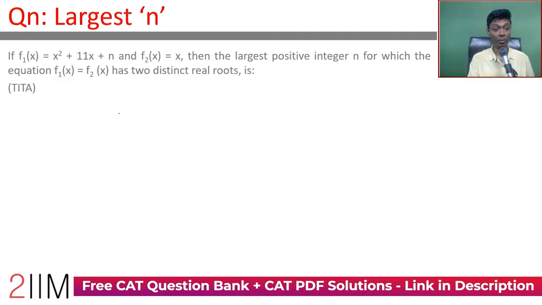f1 of x is x square plus 11x plus n. f2 of x is x. Then the largest positive integer n, for which the equation f1 of x equal to f2 of x has 2 distinct real roots. These two should be equal. Then we have x square plus 10x plus n equal to 0.